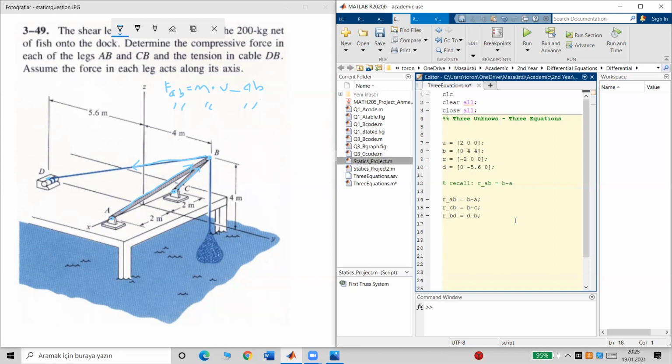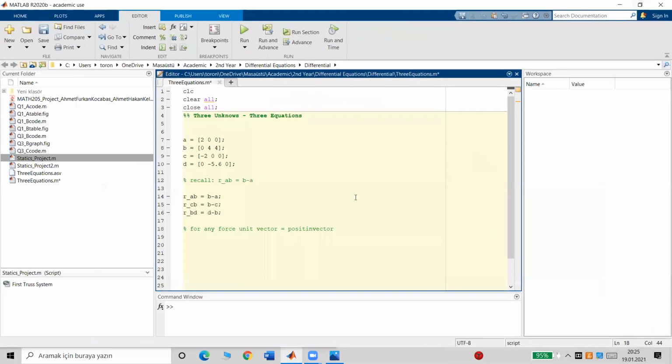So we know that for any force, unit vector is equal to position vector over magnitude of position vector.